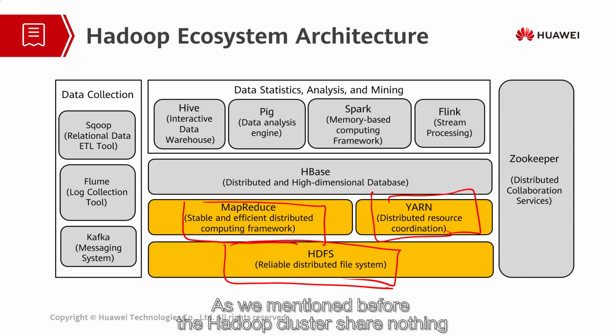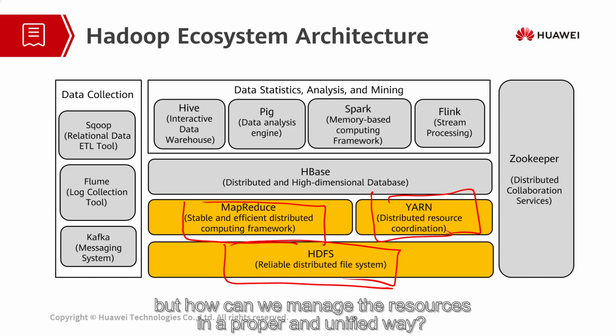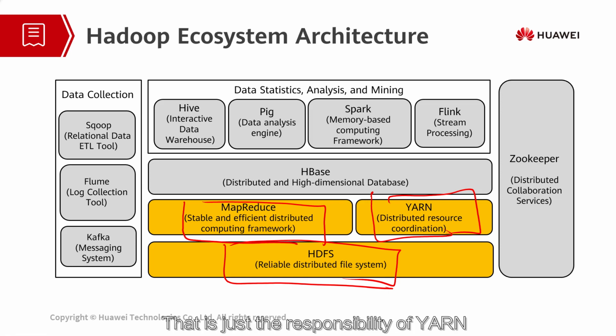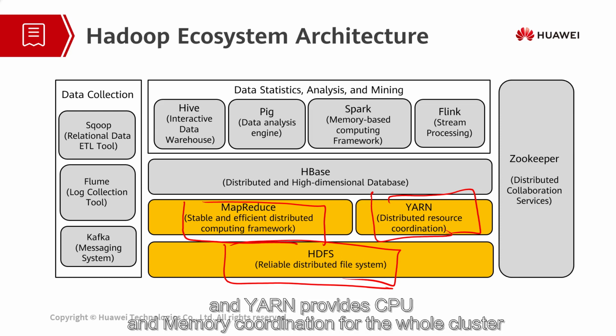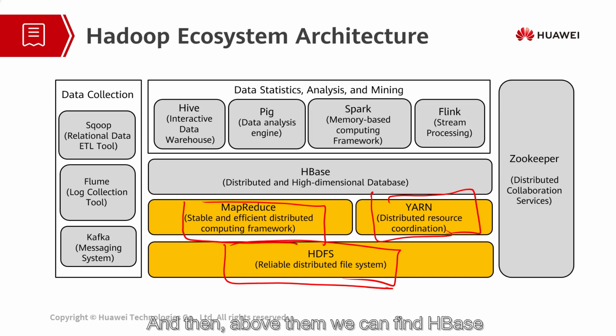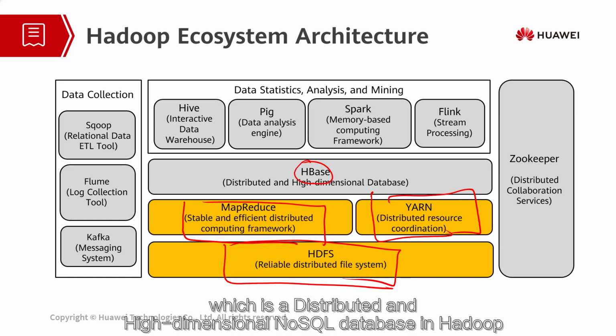As we mentioned before, the Hadoop cluster shares nothing, but how can we manage the resources in a proper and unified way? That is just the responsibility of YARN. So simply speaking, MapReduce here is for parallel computation, and YARN provides CPU and memory coordination for the whole cluster. And then above them, we can find HBase, which is a distributed and column-oriented NoSQL database in Hadoop.